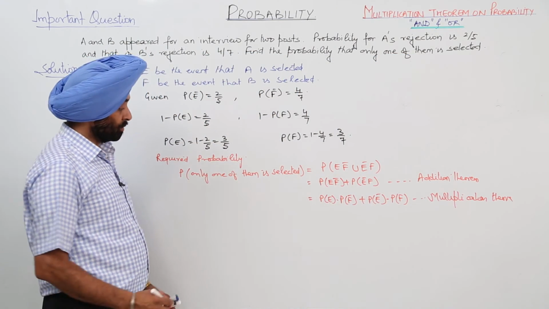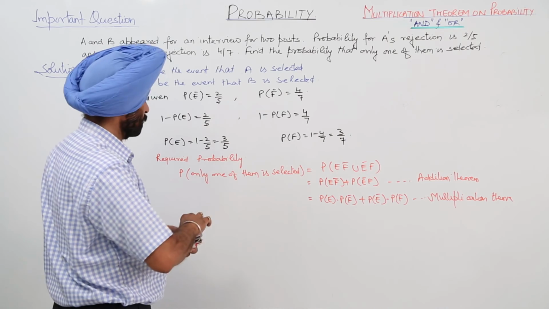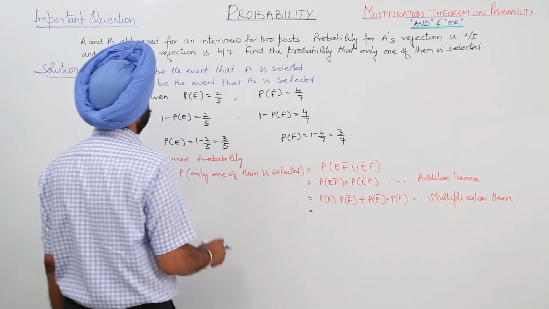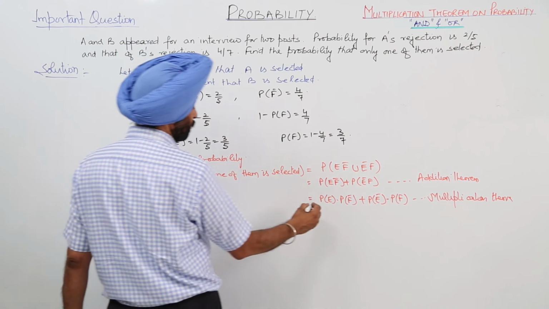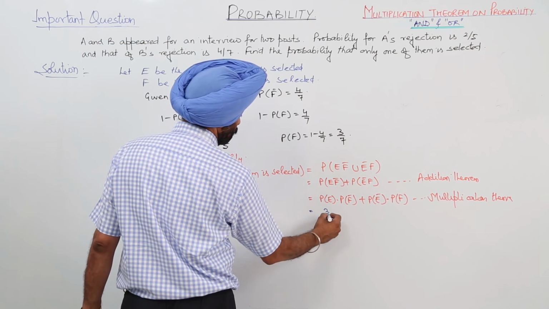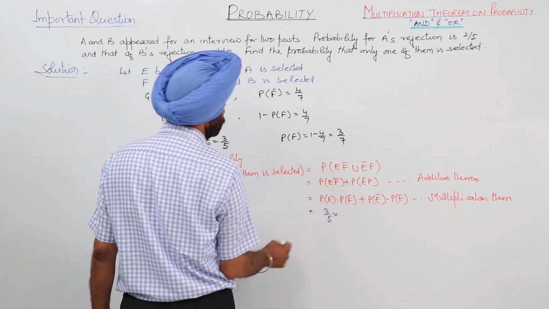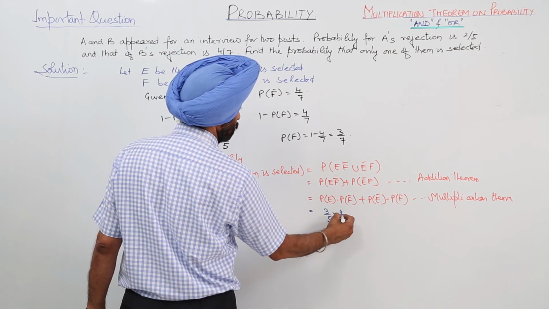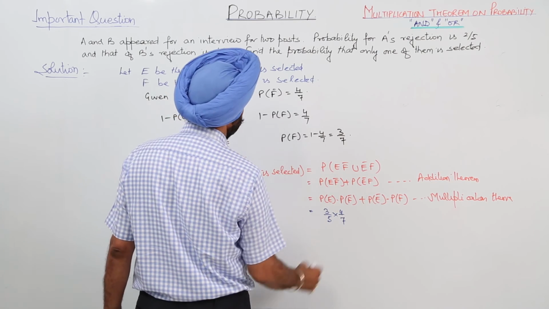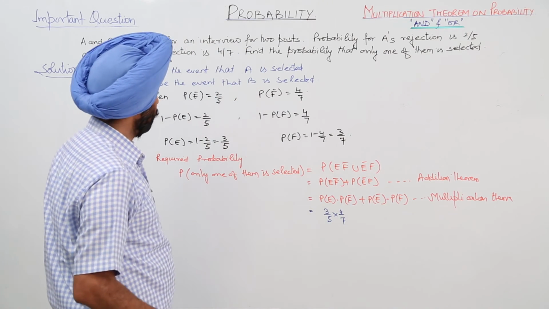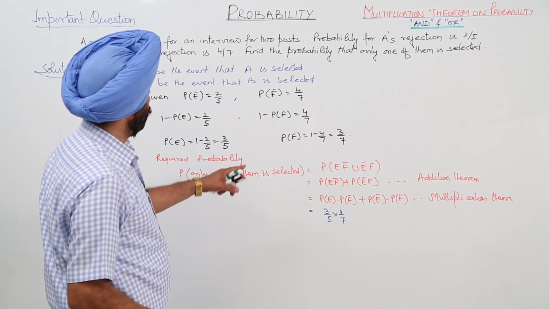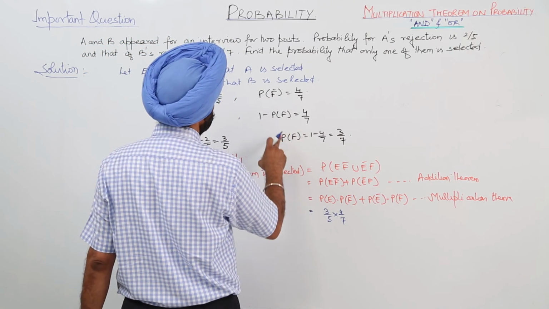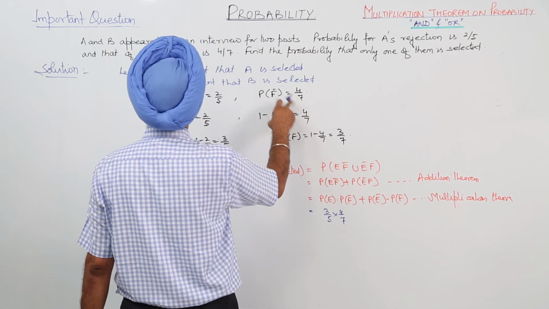Now, let us put the values here. Probability for E, now we have got it 3 by 5, times F naught, 4 by 7. Okay, 3 by 5 times 4 by 7, F naught is given 4 by 7.